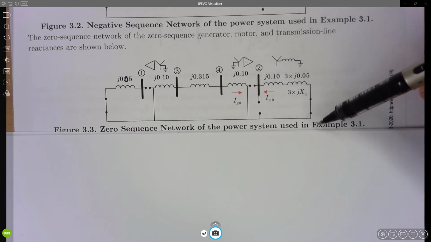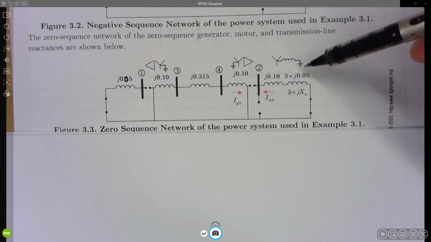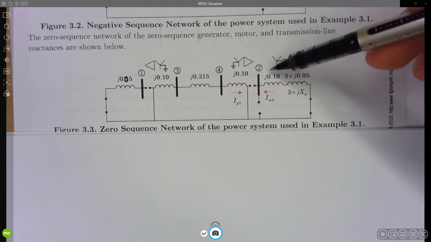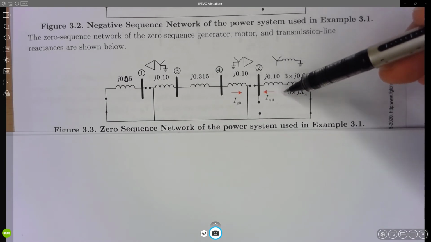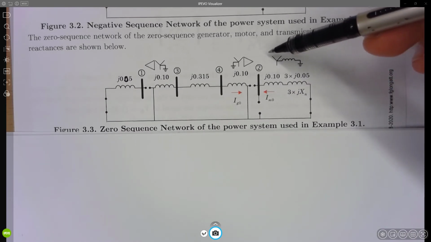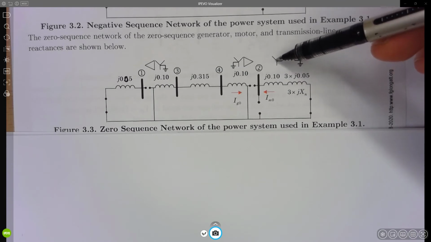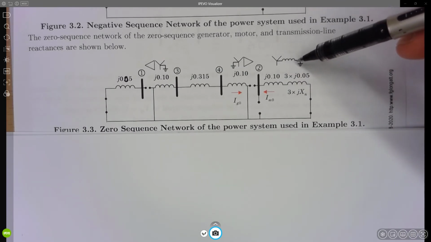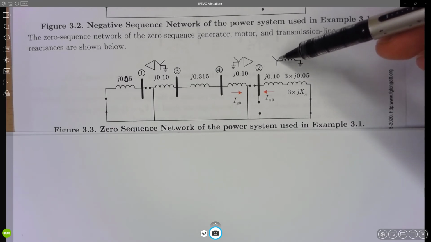Finally, at the right hand side, we have the model for the motor. In this case, this is the zero sequence reactance of this motor, and the connection is star connected with a neutral point that is connected to ground using a neutral reactance.